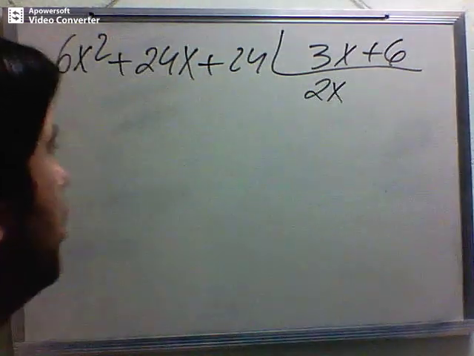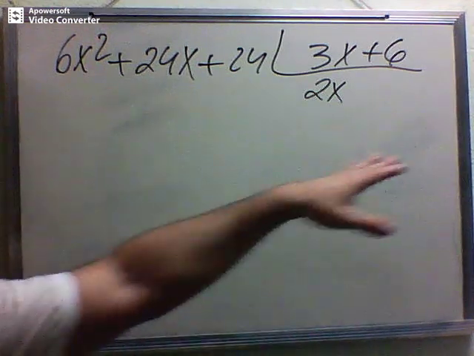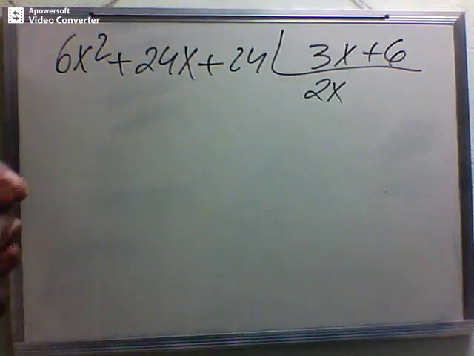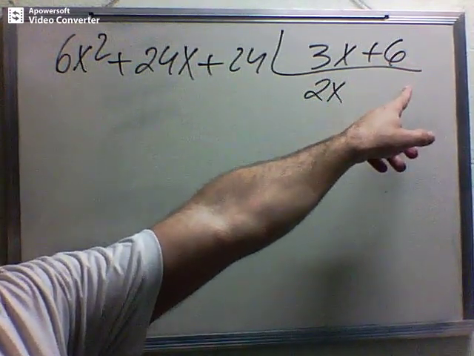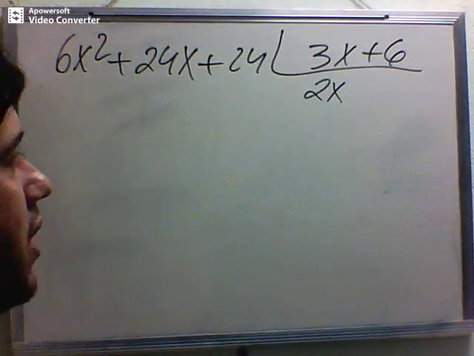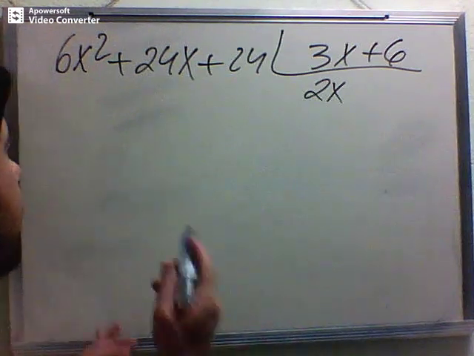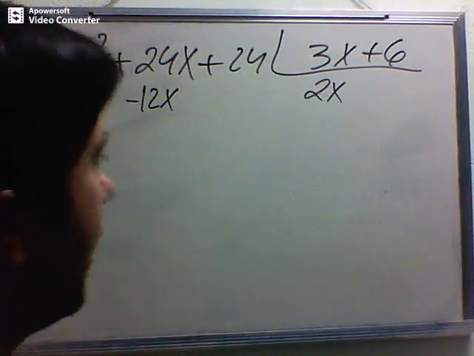Okay, so the first step is done, and now what we need to do is to check if it is right, okay? 2x times 6 is gonna be 12x. If we put it to the other side, it's going to be negative 12x.